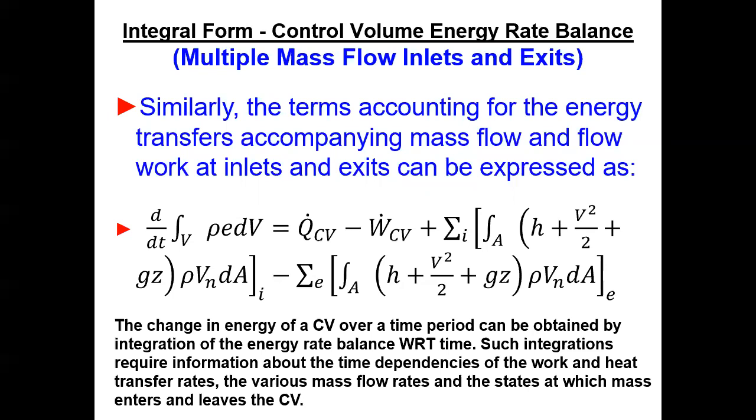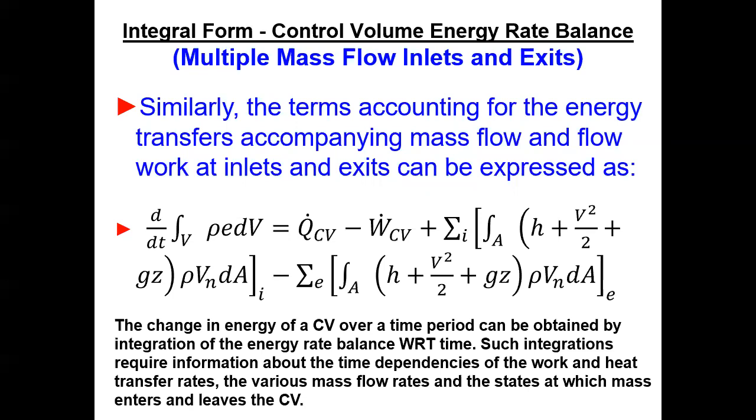Okay, so the heat transfer term and the work terms are similar, as already described. I don't think we have to go through those. And then at the inlet, we're going to do that area integral, and we're going to do it in terms of enthalpy, kinetic energy, potential energy. And then, so that's the energy content, the inner bracket term, energy per kilogram.